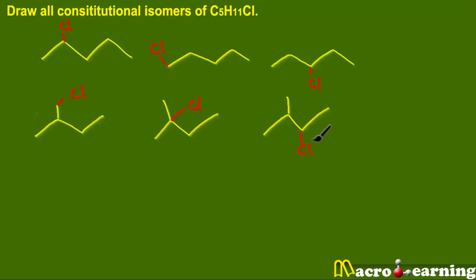Does that make a new structure? Yes, it does. And where else can the chlorine go? Here. Okay. So that's it for this kind of branched pentane, branched pentane having a 4 carbon main chain plus a methyl substituent.